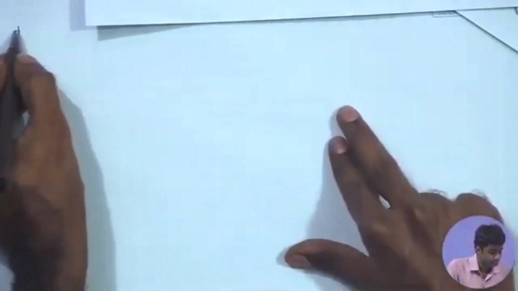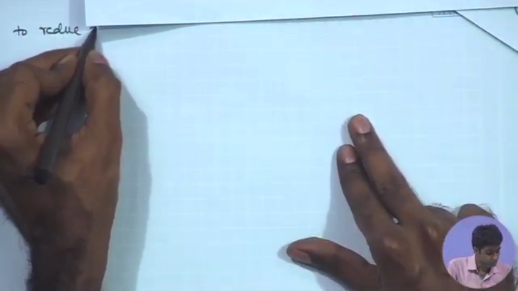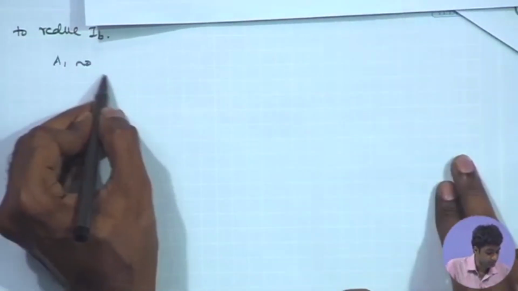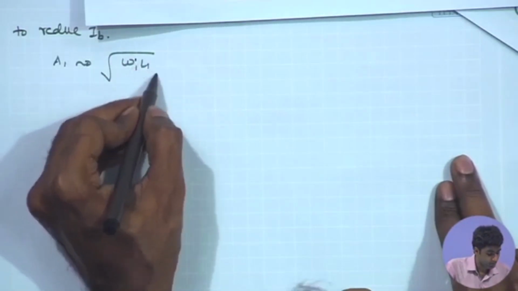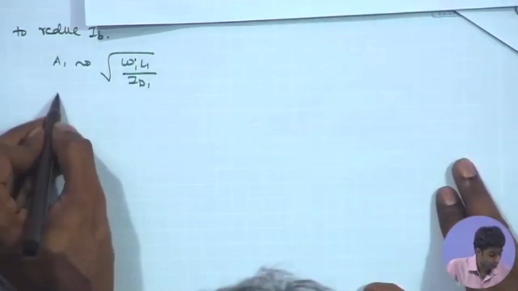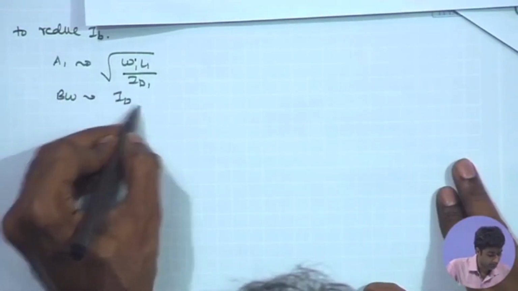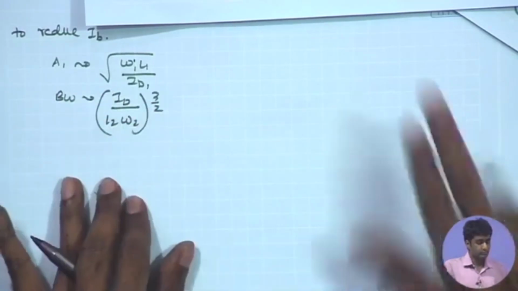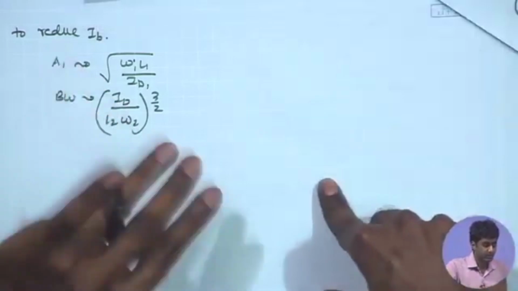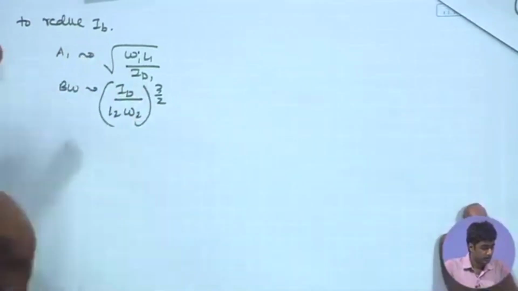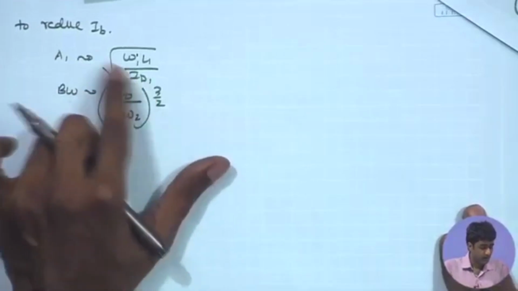So in order to reduce the bias current, once again I look at the two equations, the gain of the first stage which is W1 L1 upon ID1, and the overall bandwidth dependency ID upon L2 W2 to the power of 3 by 2, and suppose by the previous step we have obtained a proper bifurcation of gain, A1 is sufficient, A2 is also sufficient, and we are meeting the bandwidth.